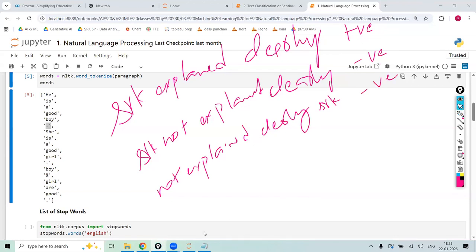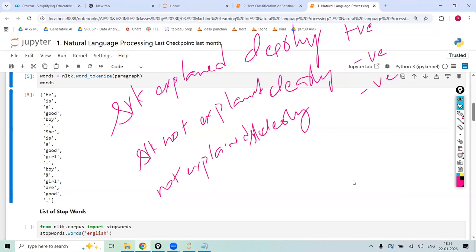Whether I write the SRK word at the start or at the end, is there any difference? Or if I write "not explained SRK clearly," is there any difference? So here, are the order of the words important or not important? In this example only, purely for this example, the order of the words is not important.